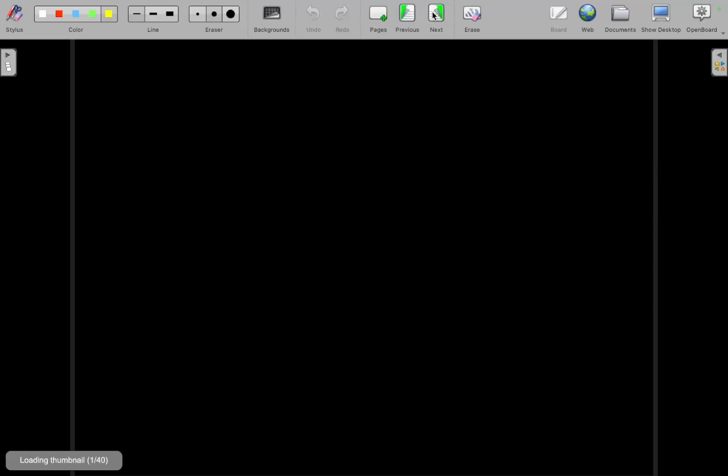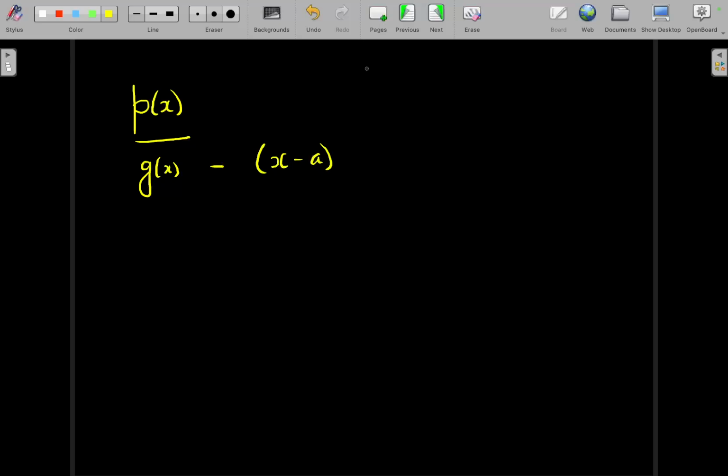Okay, so let us state the remainder theorem. It says that if you have some polynomial p of x and you divide this by g of x, let's say a linear polynomial, which we'll simply call x minus a, then the remainder is simply p of a.